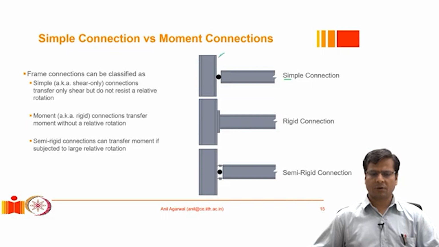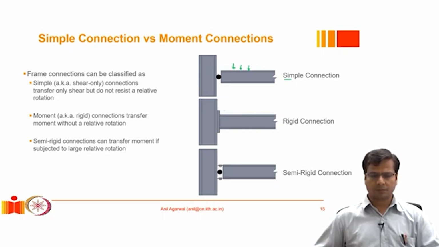We can see that there is a column. It need not be a column, it could also be a girder, but I have shown a column here. And this is a beam. The beam is supported by the column, meaning that any loads acting on the beam will be transferred to the column, and that's how it will go to the foundation. So there are 3 examples.